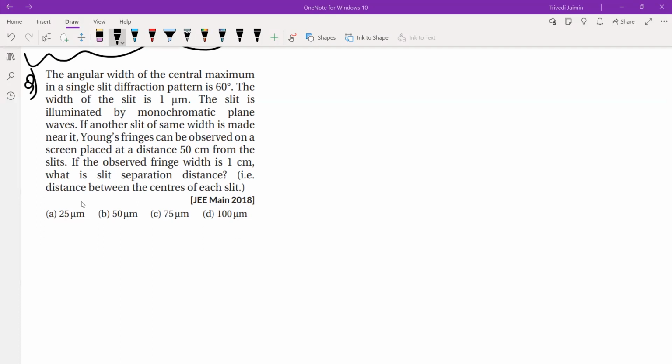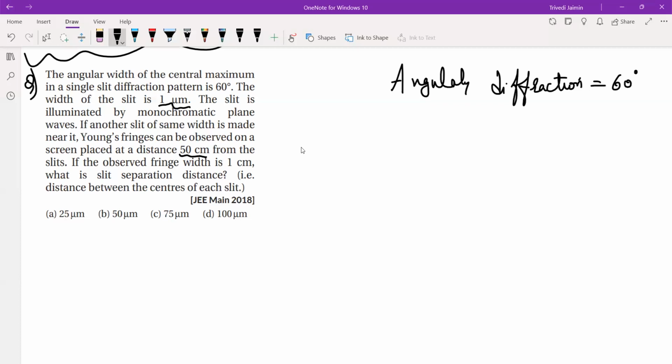So angular diffraction, I'll solve this here. Diffraction is 60 degree. We have 1 micrometer and distance 50. That is 60 degree, means half will be 30 degree.